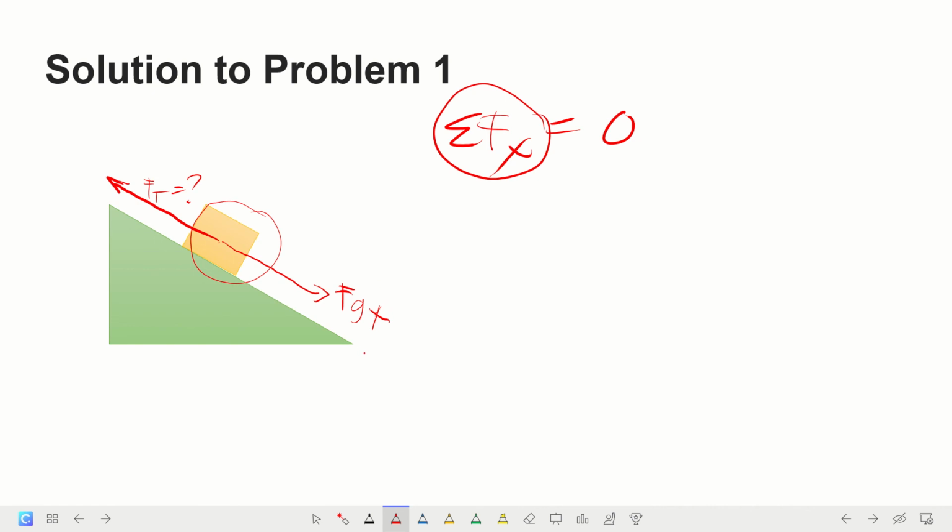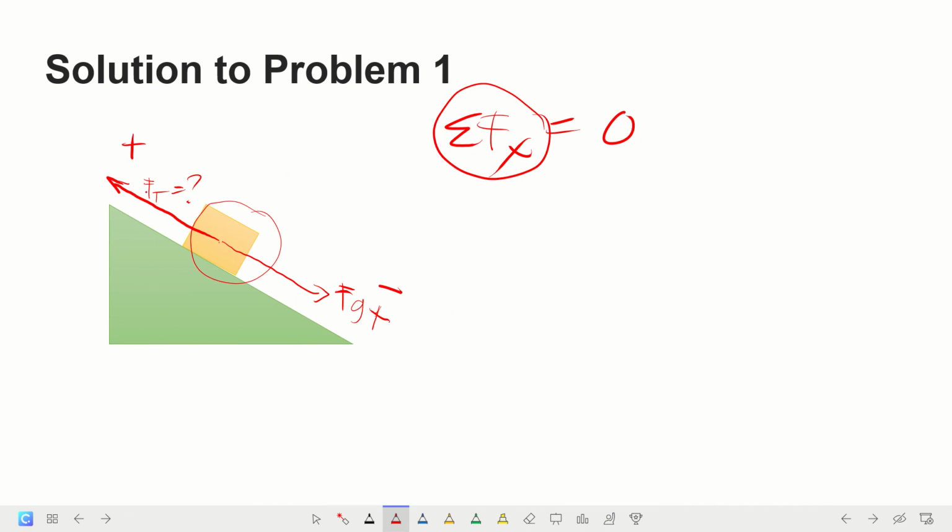Suppose that this is our negative direction and this is our positive direction. So, pataas, positive, pababa, negative. So just suppose. We want to look for the summation of forces along this axis.